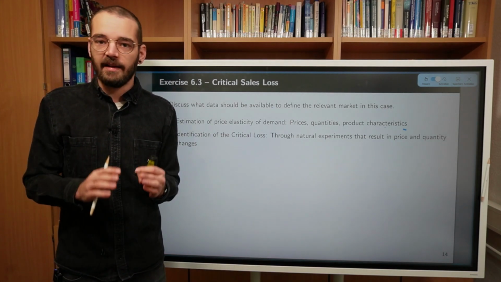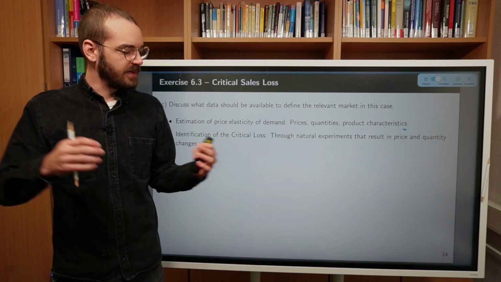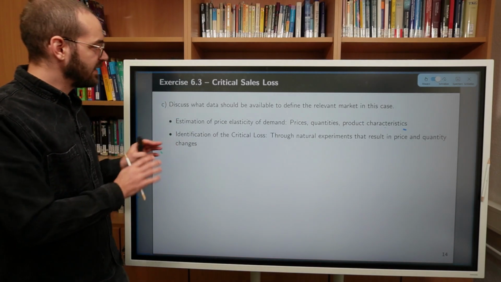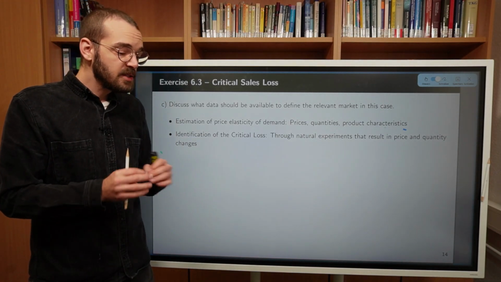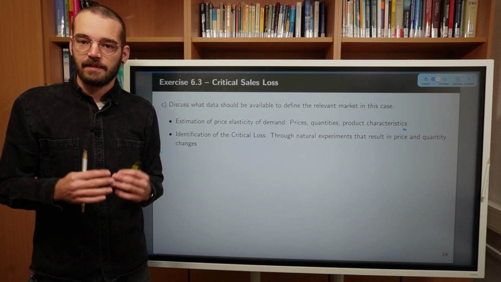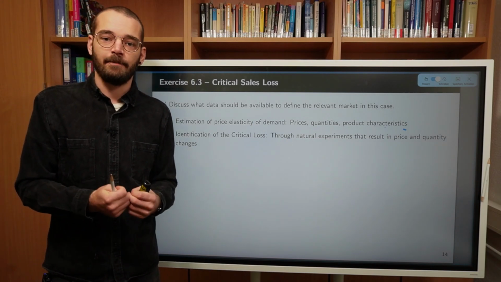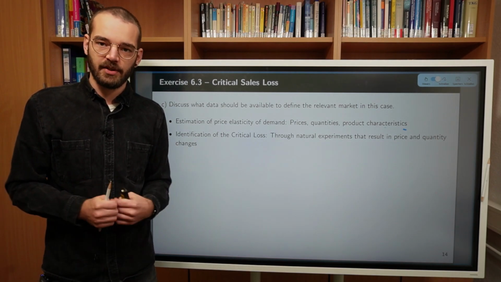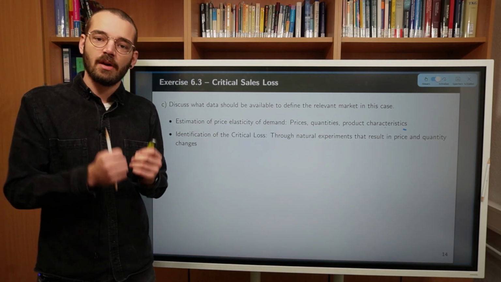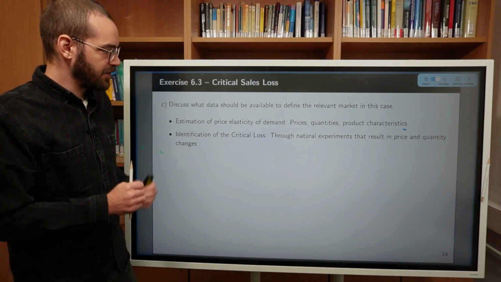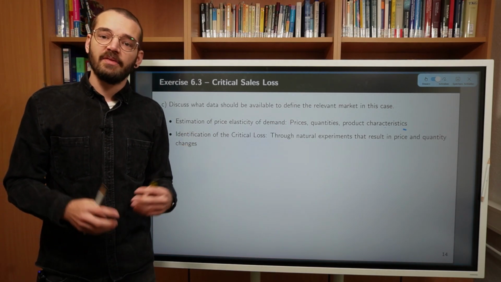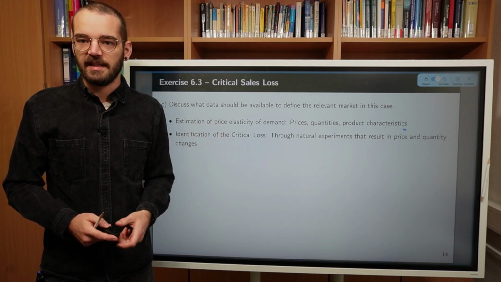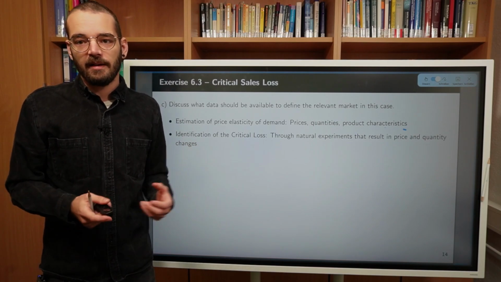For example, a change in expected demand, or for example, a change in quality or anything like this. Because in order to make a statement on the critical sales loss, we need to ensure that the demand function that is behind this whole experiment is the very same for both observed prices and quantities in combination. All right, so we need this exogenous shock, or in other terms, this natural experiment that provides us with 2 combinations of prices and quantities that were market equilibria at some point.